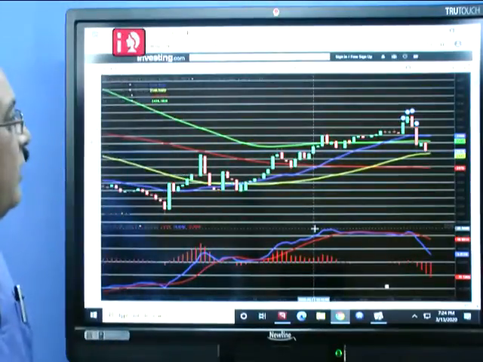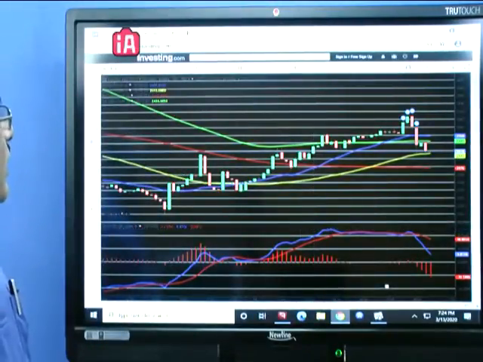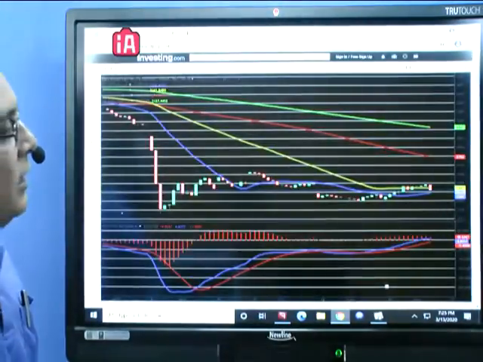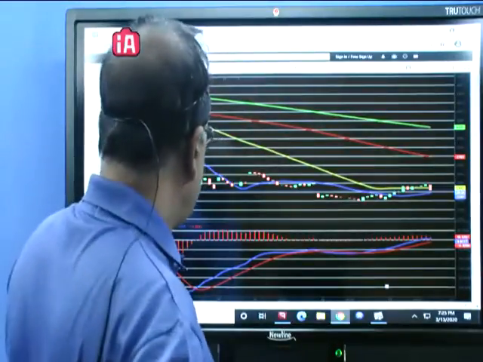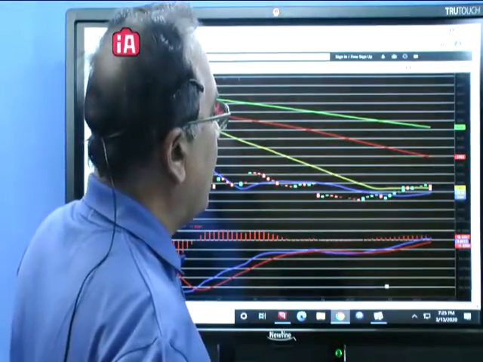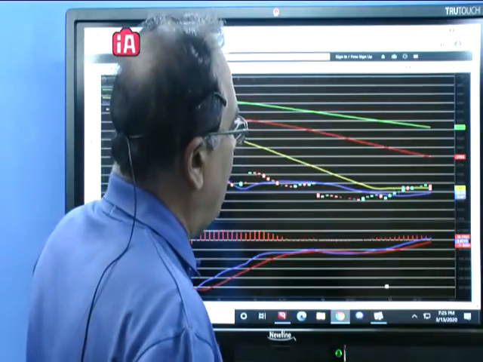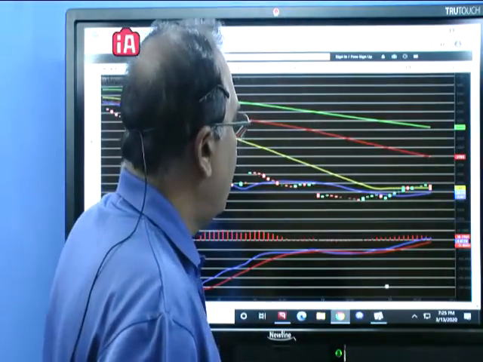Let us look at the 1 hour. We have already looked at the 1 hour chart, I think, in crude in Indian market. So I think we are still probably looking at the possibility of a fall in case it starts to go a little lower.